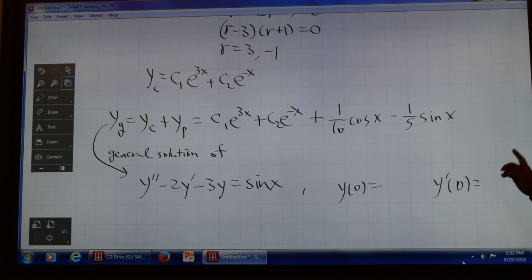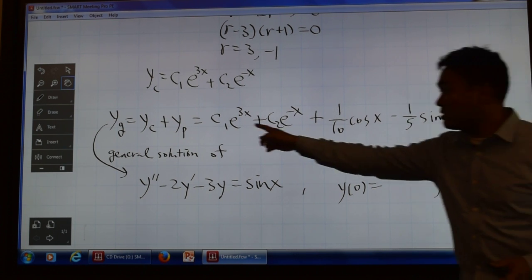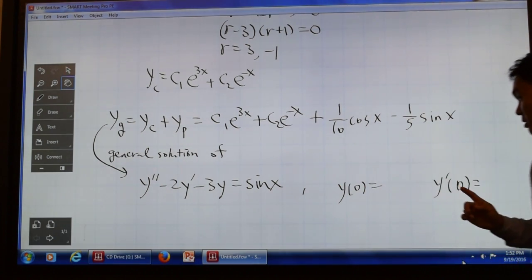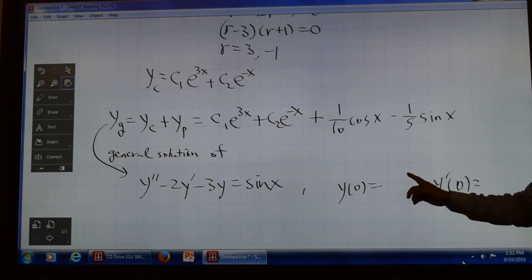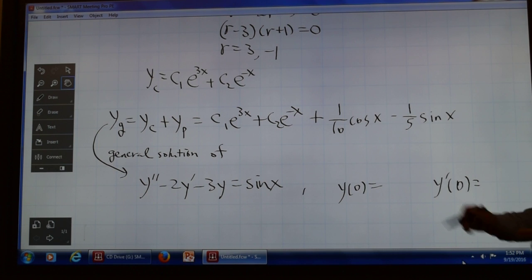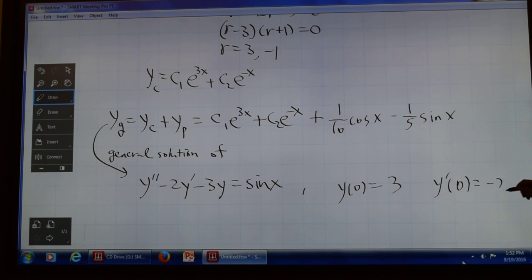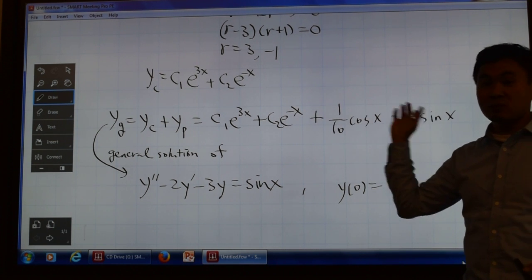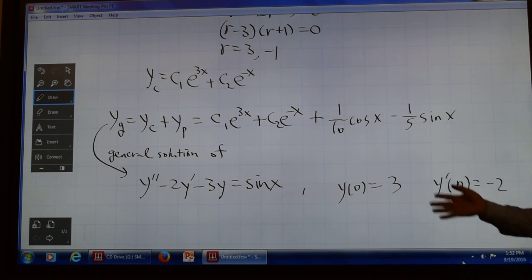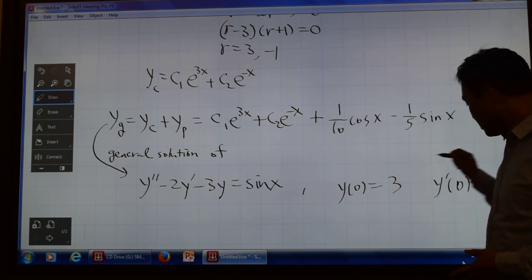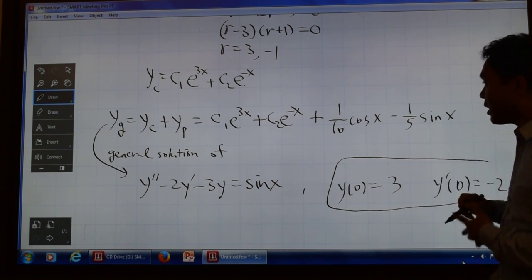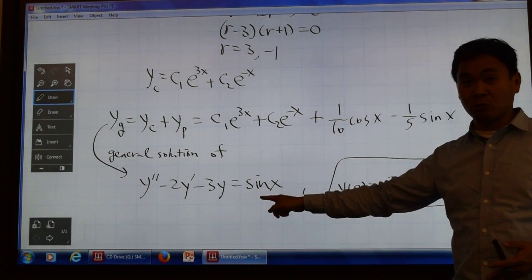And indeed, in order to make that work, you do need these C1 and C2, because without it, you can't make it work. But with it, no matter what kind of value I put, let's say I put 3 and negative 2 or whatever, then you can plug this into the left side and make it work, right? You can solve for C1 and C2, and you have the solution, right? So that's why you really require both of them to be the general solution, okay?